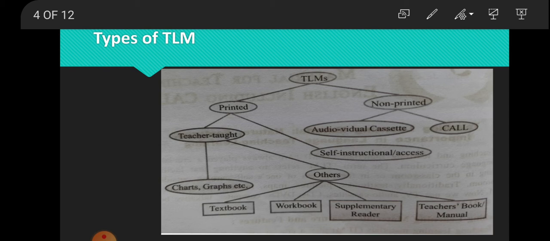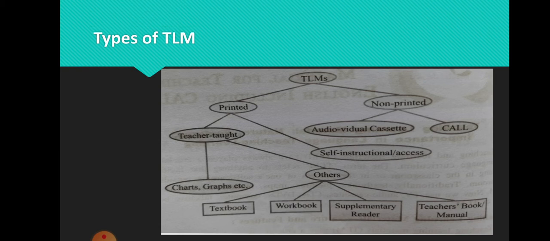And there are so many in the audio-visual category also, like TV, radio, and so on. And also we have CALL, which I have just told you before. That is computer aided language learning. Also you can say computer assisted language learning. Both are correct, so don't be confused, okay? Now move to the next slide.